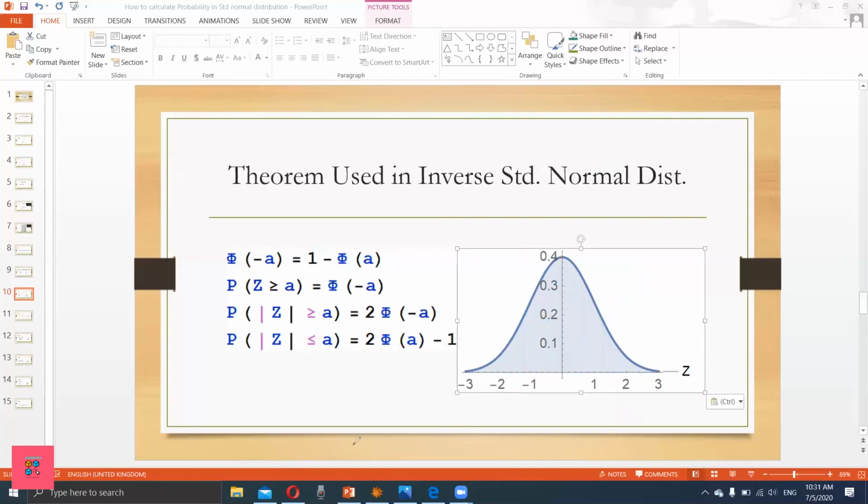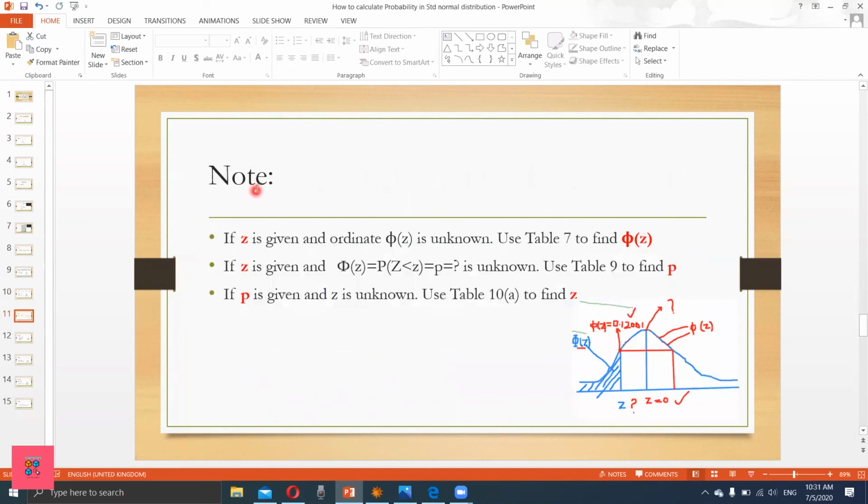Now come to the next topic, which is very important, and the points are to be remembered for doing the questions for the whole material we have studied up till now, in which probabilities are given. First, if z is given and the ordinate is unknown, small phi of z is the ordinate.